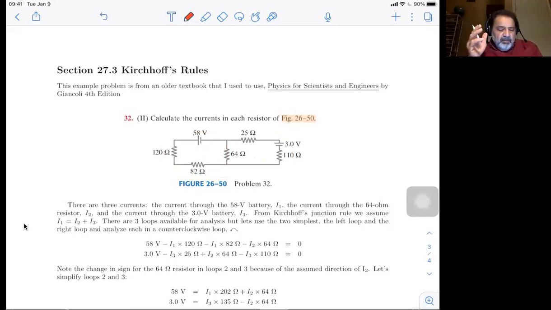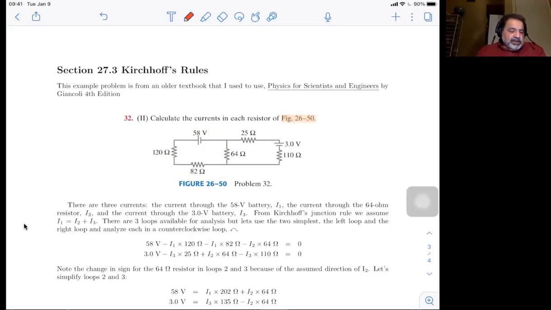You can do that if you want. It probably would have been a little more complicated because you would have had 2 batteries in your equation. With this loop here, there's just 1 battery and 3 resistors. In this loop here, there's 1 battery and 3 resistors. So that's my reasoning.